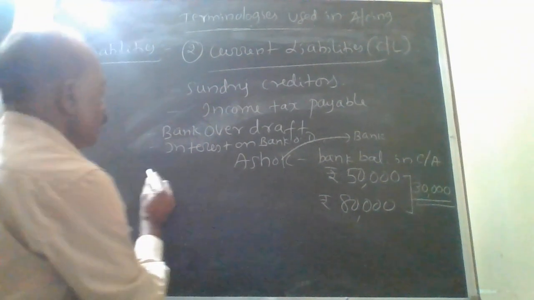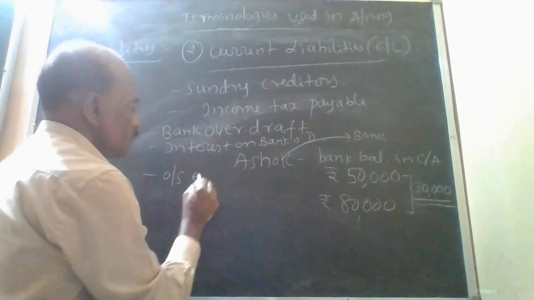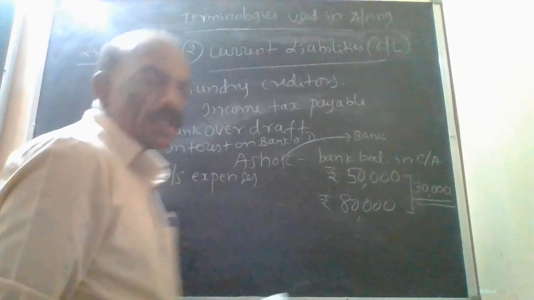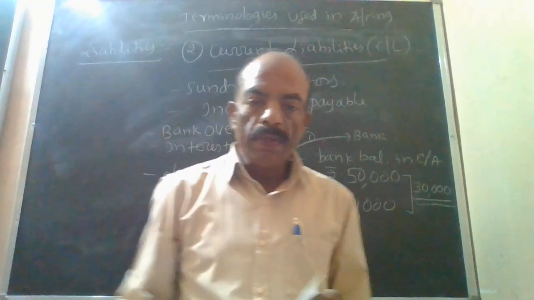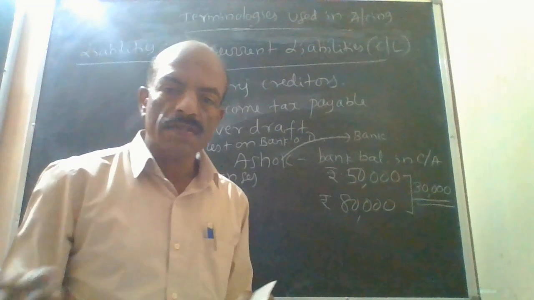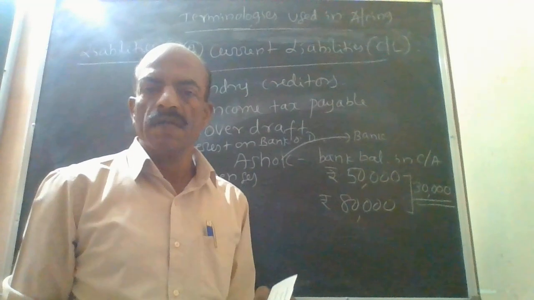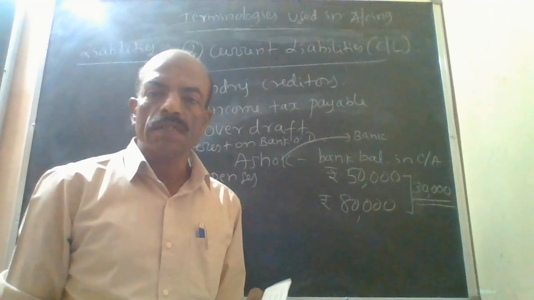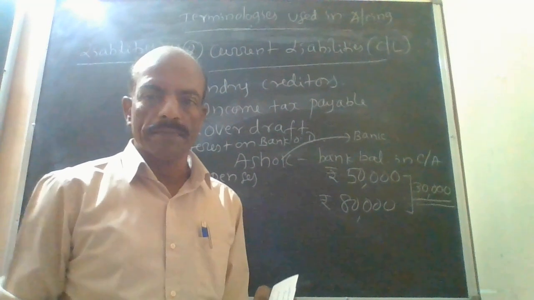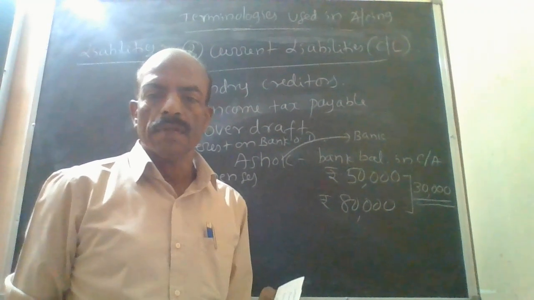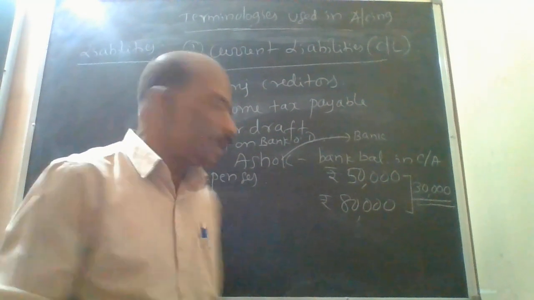One more is the outstanding expenses. So what are outstanding expenses? Expenses incurred but not yet paid. For example, April month salary not yet paid, or April month rent not yet paid. April month rent we have to pay 10,000.